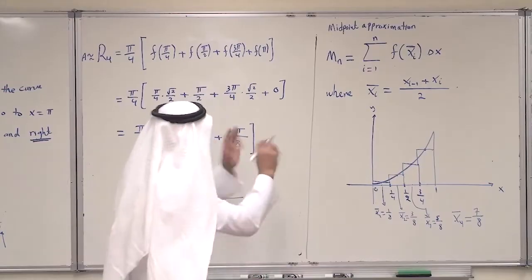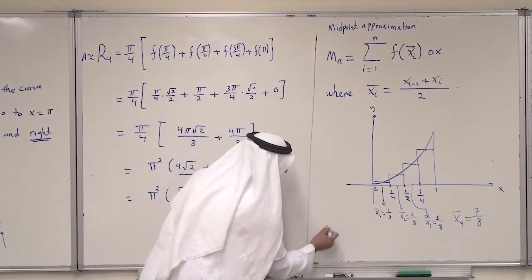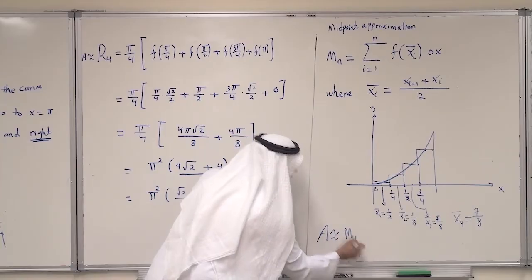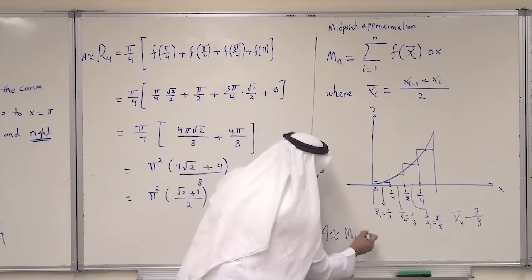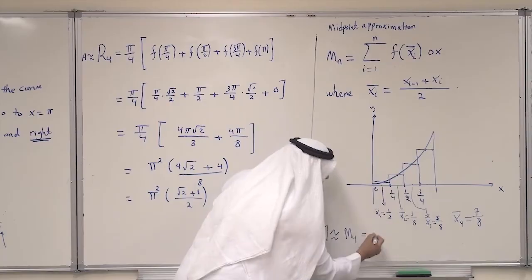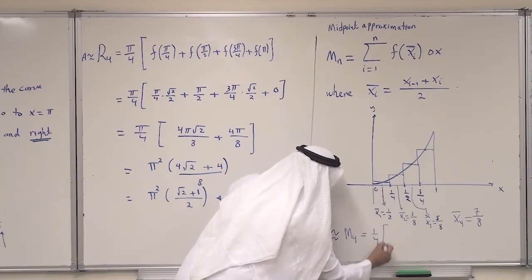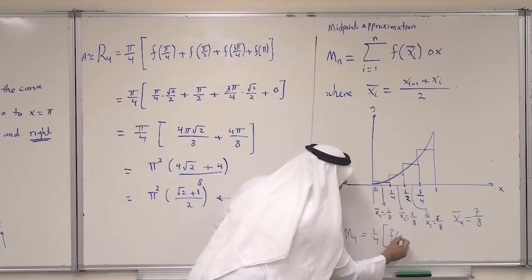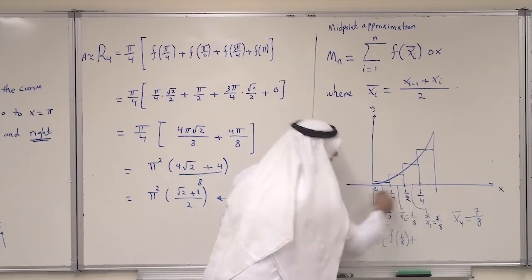Now, if you need to calculate the area by using midpoint approximation and 4 rectangles, that is called M4. What is the answer here? Delta x is the same, 1 over 4, but you need to evaluate the function not at the beginning, not at the end, but at the middle one. The same thing for the second one.